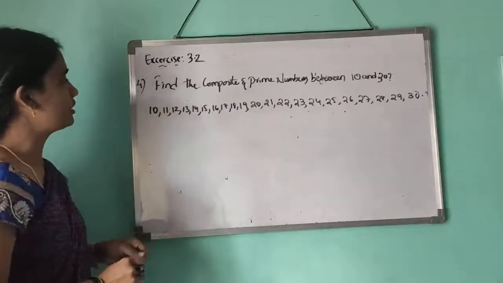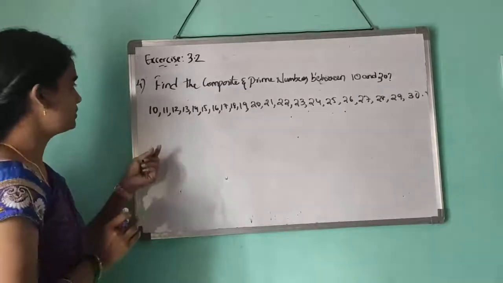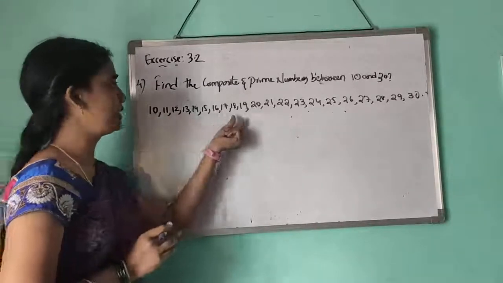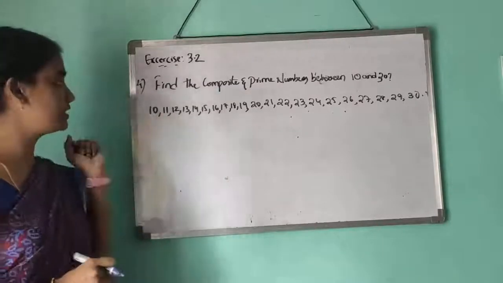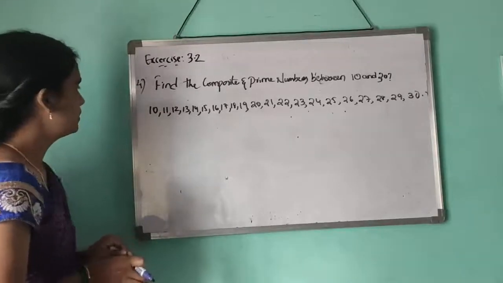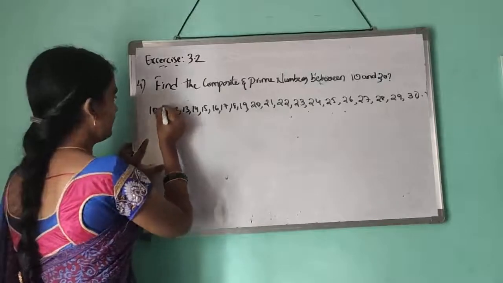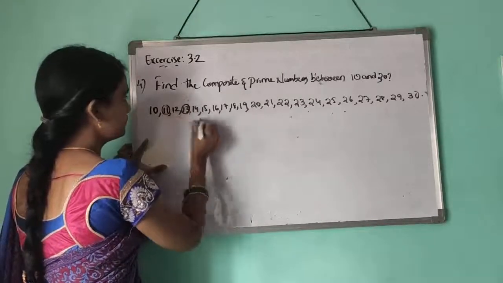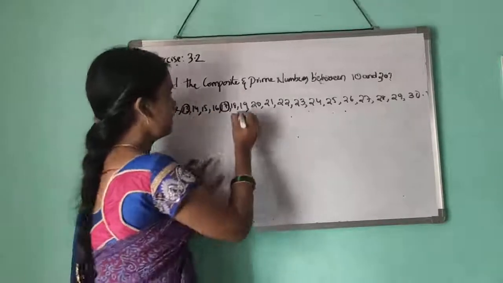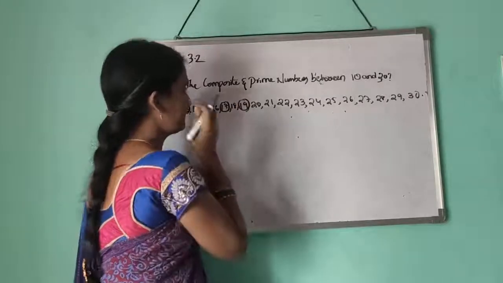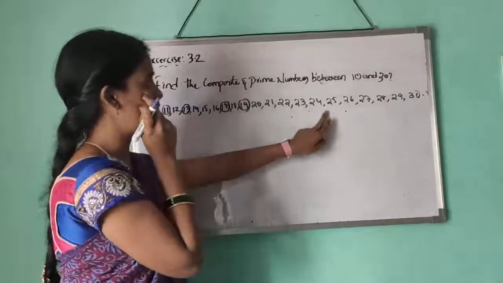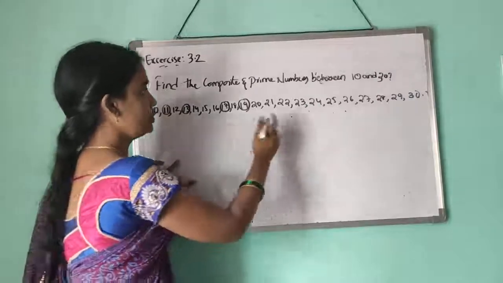In this, first we have to observe what the prime numbers are. Prime numbers means unique identity. 11, 13, 17, 19 are prime.